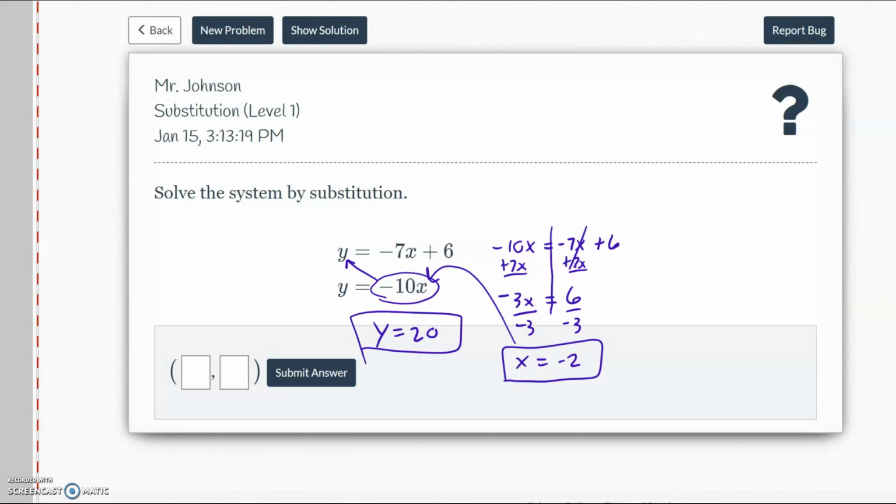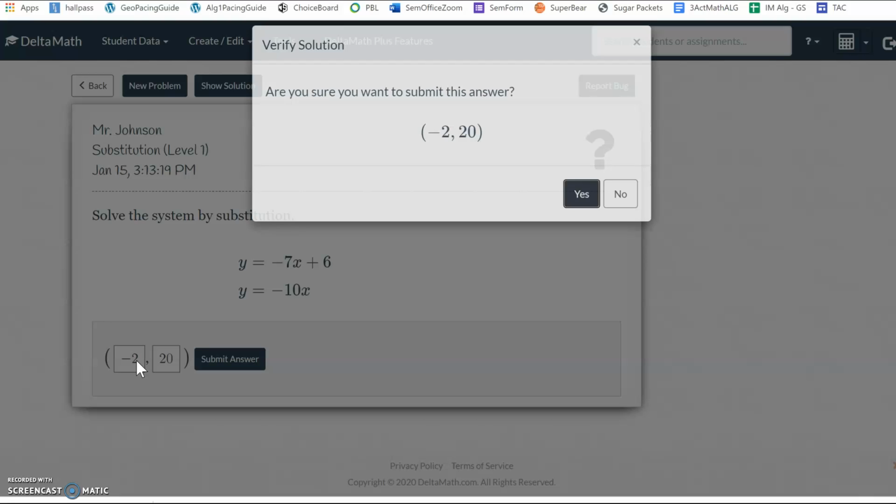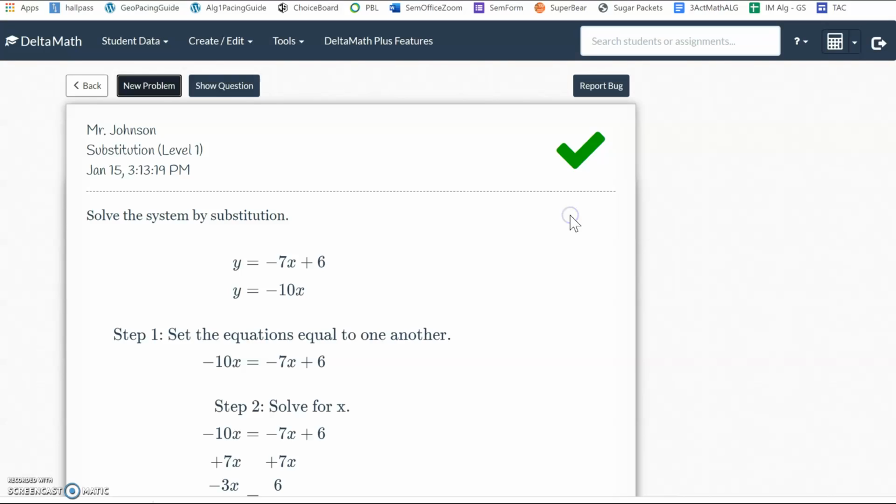Negative 2, 20. Let's give that a shot. Alright, and then once you've answered it, if you've done it correctly or incorrectly, it's still going to go over the steps if you need a breakdown of the steps.